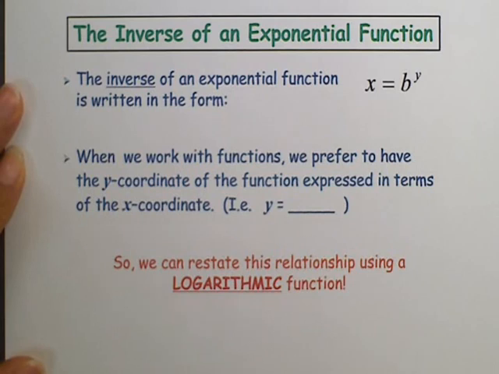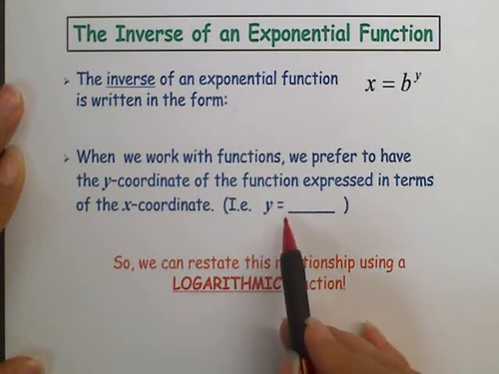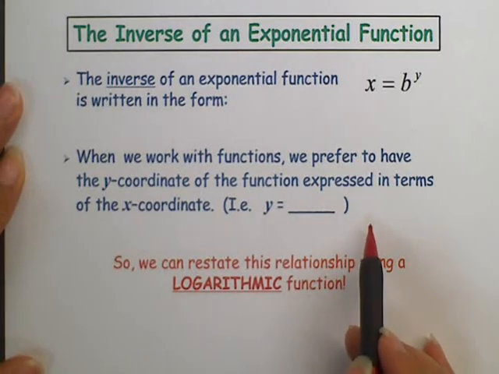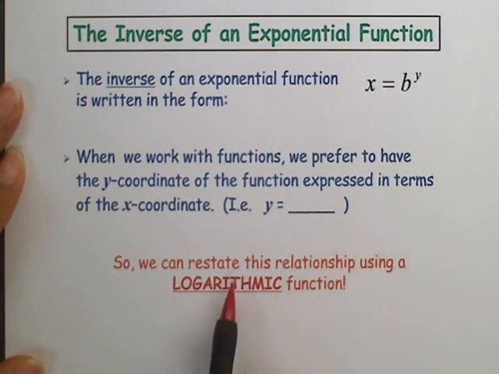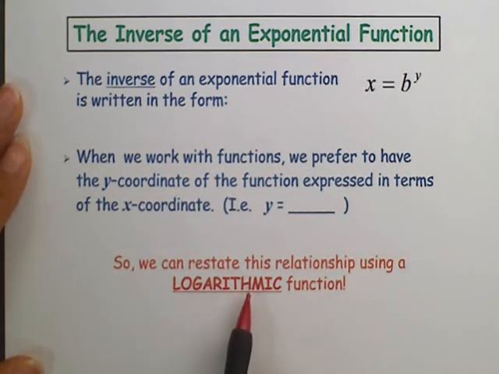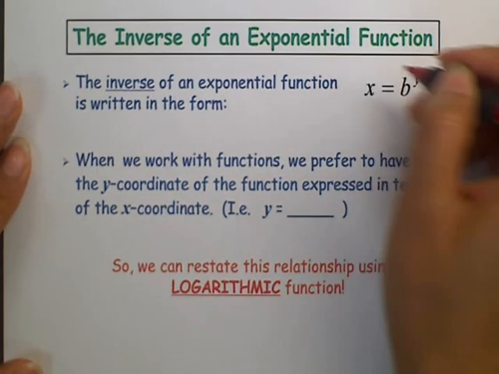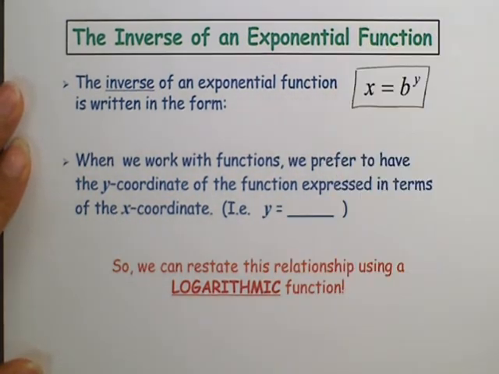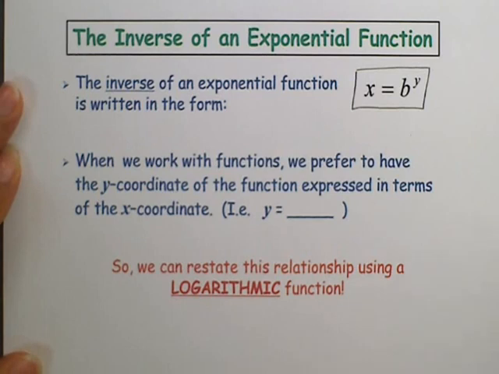So y equals 2x, for example, or y equals x squared. We like to have y equals and then the statement that has the x coordinate. So what we're going to do is restate this relationship using what's called a logarithmic function. We're going to take this inverse function that we know, and we're going to restate it using a logarithmic function.